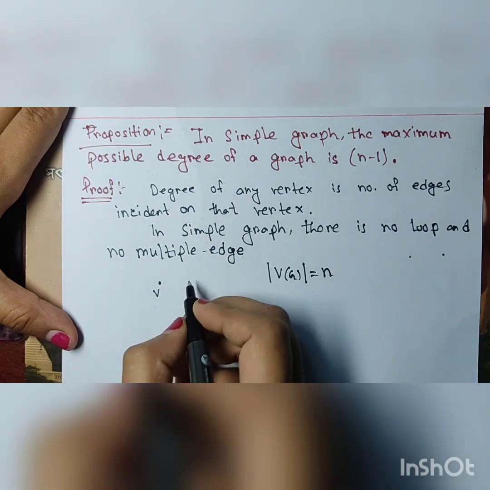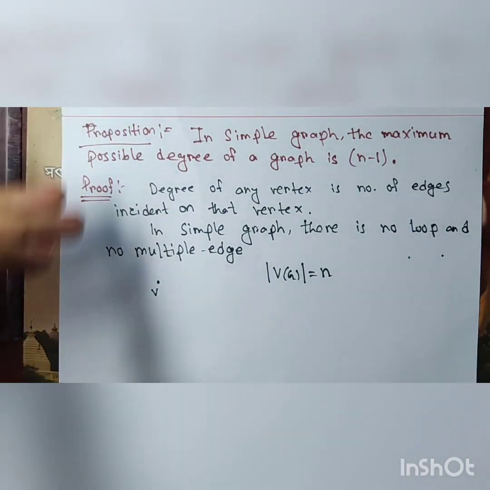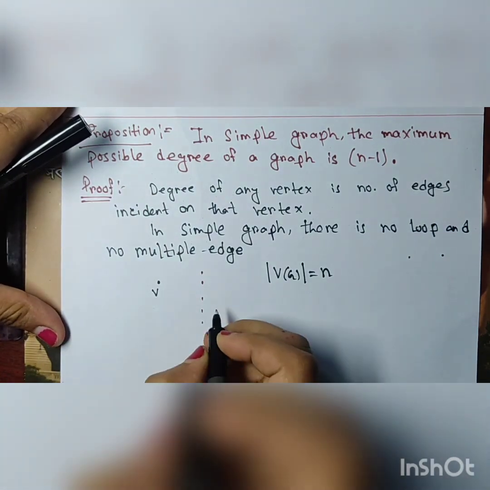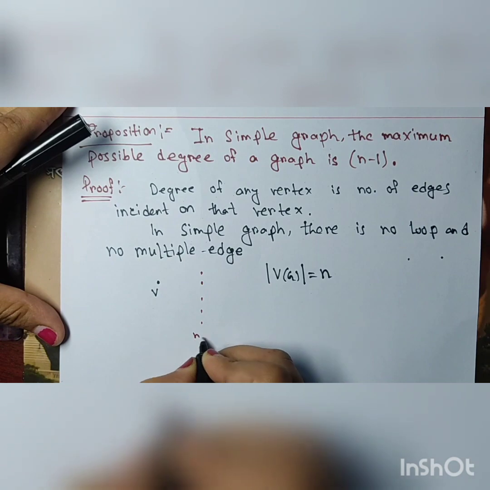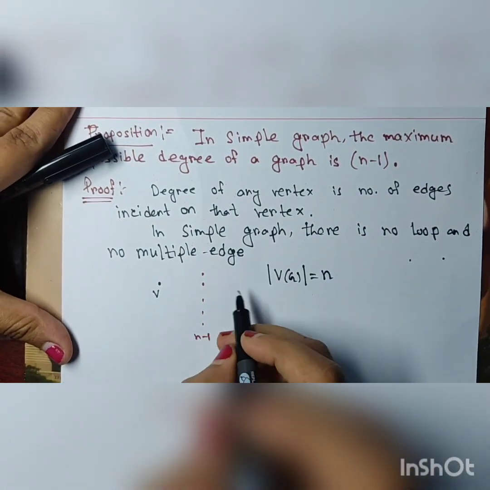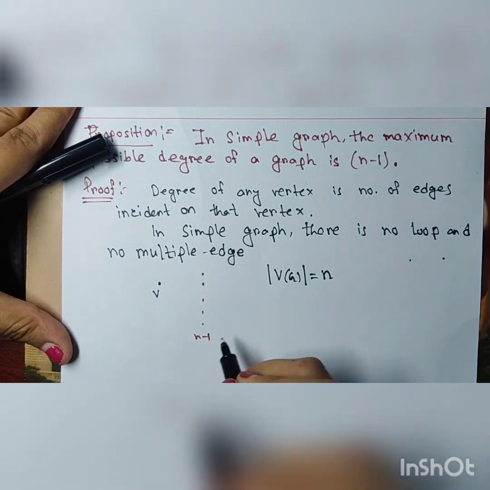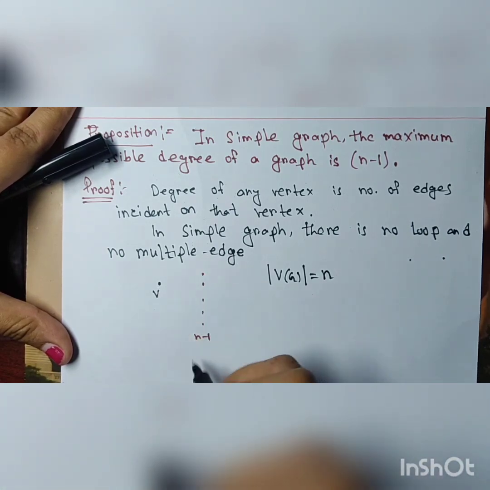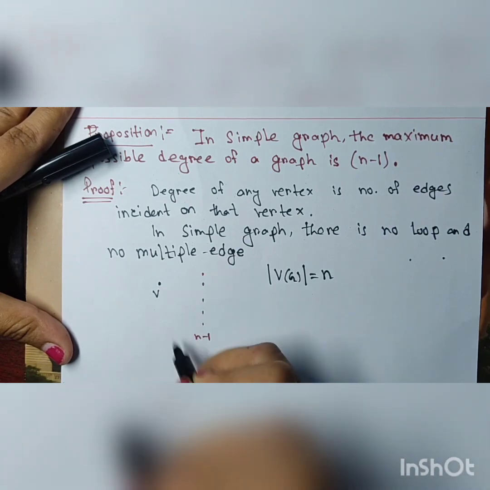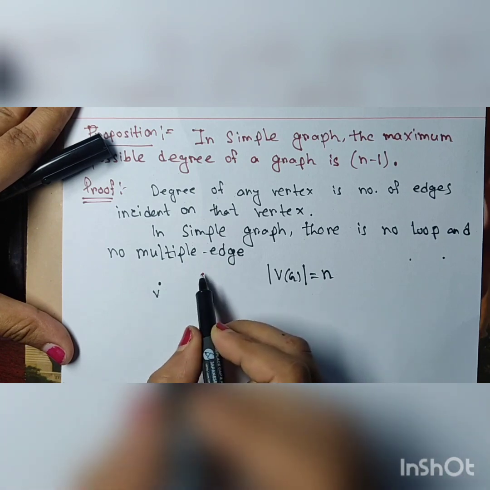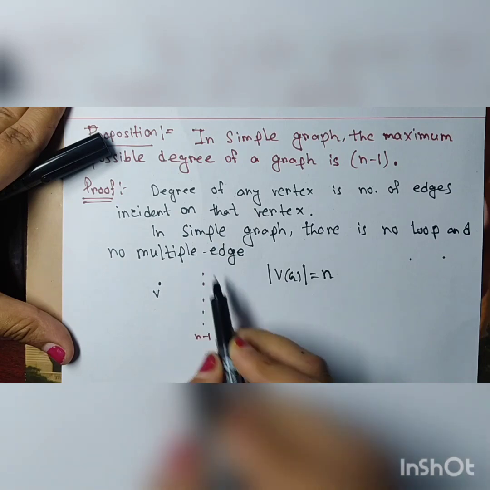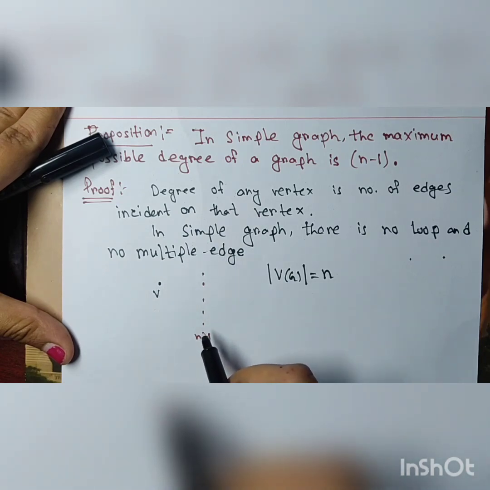We are denoting these other vertices by red color. So the number of these other vertices is n minus 1. Then v can be adjacent with these n minus 1 vertices at most. It can be adjacent to fewer than n minus 1 vertices. It may happen that v is adjacent to none of them also, but if it is adjacent to them, then v can be adjacent with at most n minus 1 vertices.